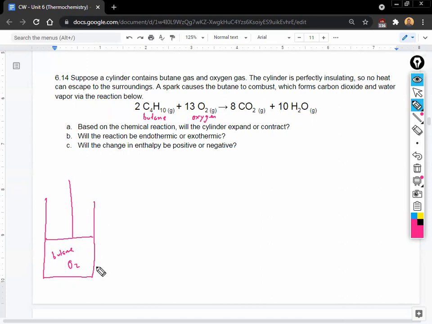Is it going to get bigger or smaller? That kind of tells you the other two. So think about that. I'll give you guys 45 seconds for this one, because it is kind of easy. If something combusts, is it going to get bigger or smaller? Yeah, if something goes boom, does it get bigger or smaller?